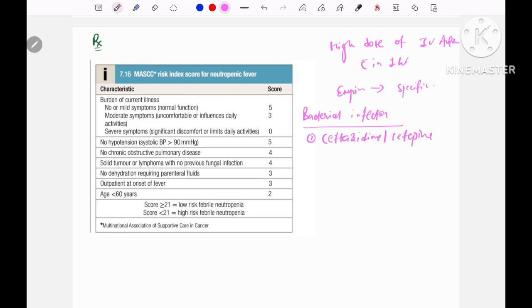Another is piperacillin tazobactam. And the third drug includes imipenem or cilastatin, or meropenem.